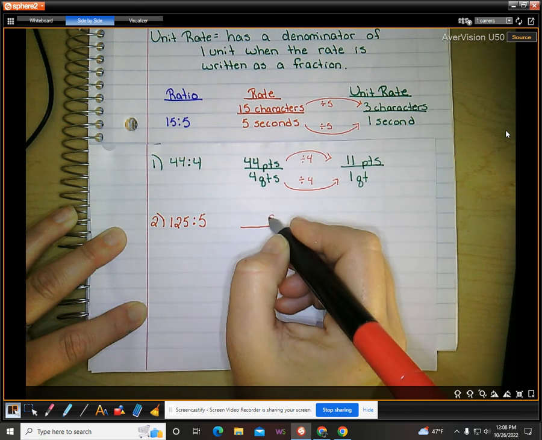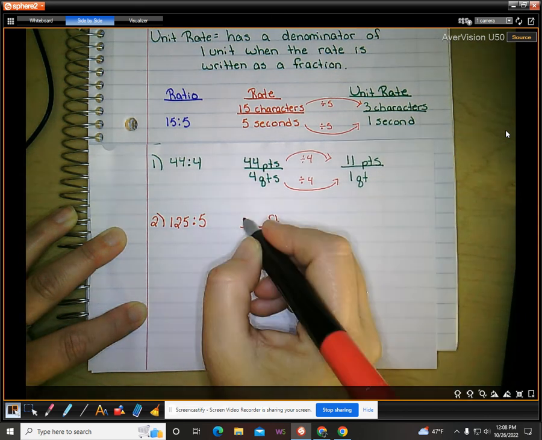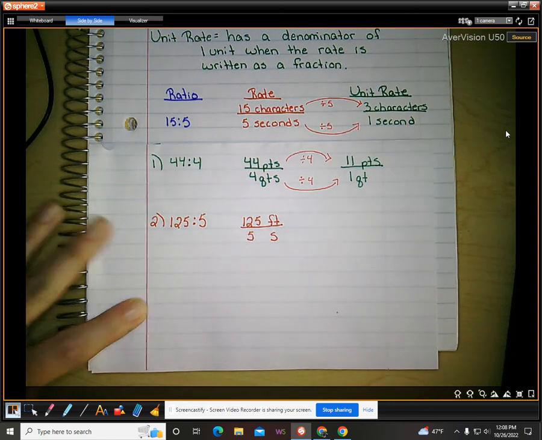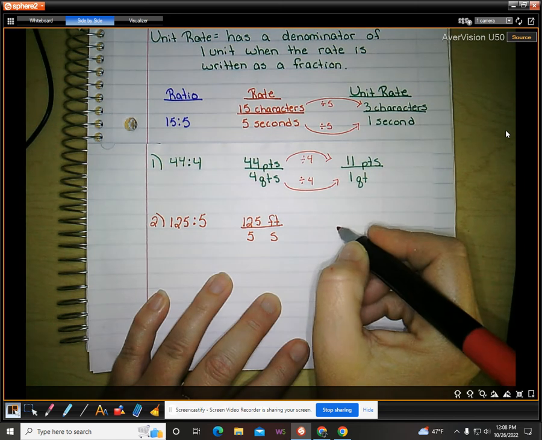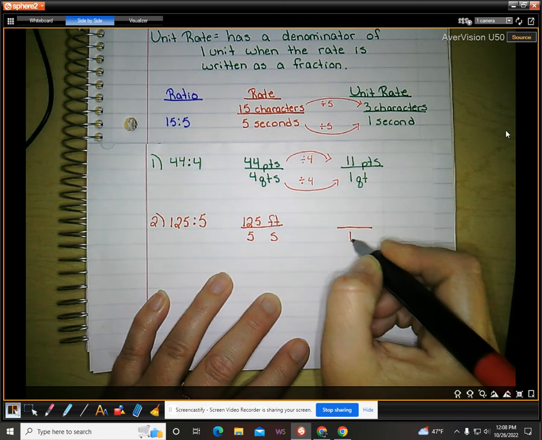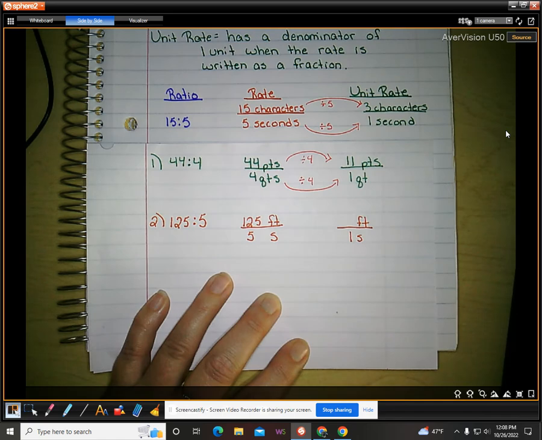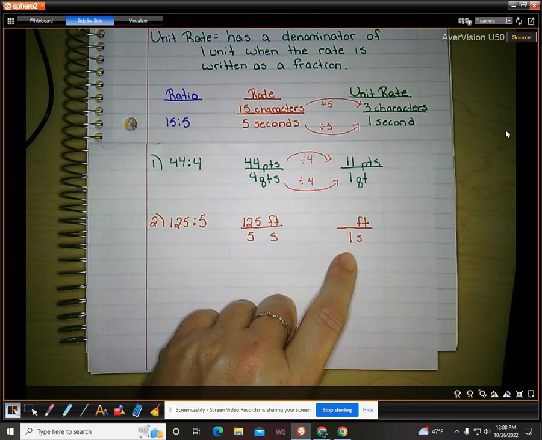So you're going to have your feet on the top, your seconds on the bottom, and it's the same numbers, 125 to 5. You're just turning it into a fraction. A rate is a fraction comparing two things that are not the same. Then, to get a unit rate, we want to know how many feet this crazy fast animal ran in 1 second. A unit rate always has a denominator of 1.